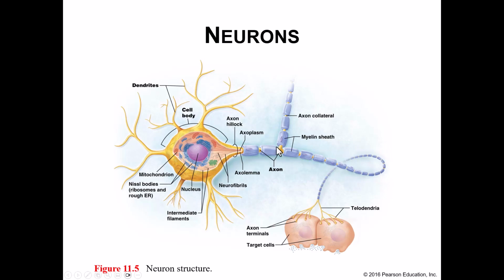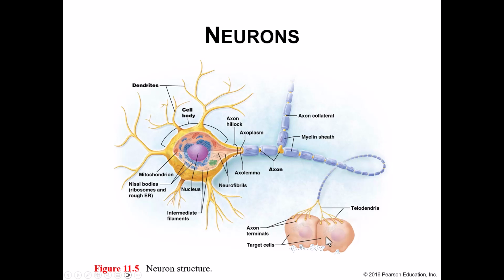The axon is coated with Schwann cells, the Schwann cells are going to be the myelination of the axon. You can have collateral axons coming off, and as we saw before, our axon ends in axon terminals. And the axon terminal is where we form our synapse with our target cells.